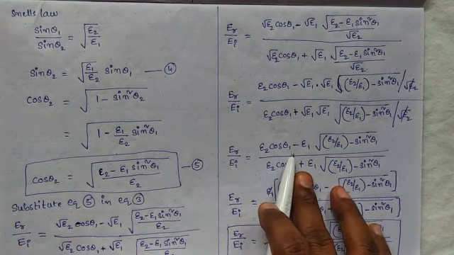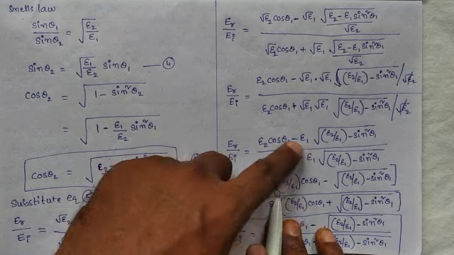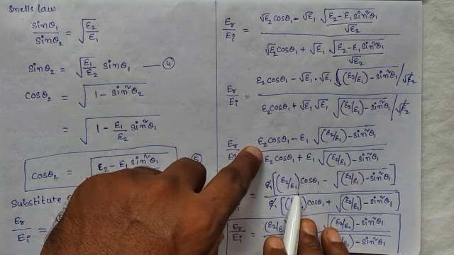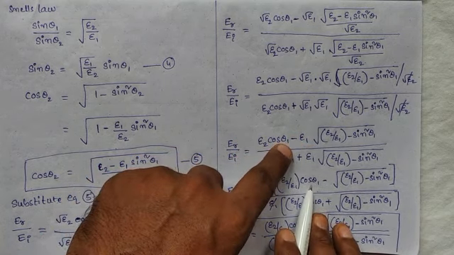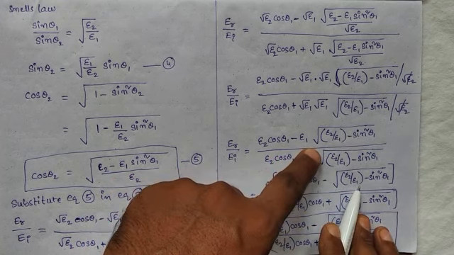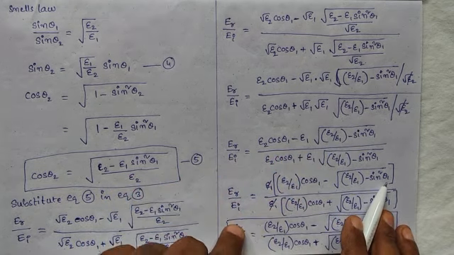Here in the numerator and denominator we are taking epsilon 1 common. Here epsilon 1 is common in the numerator, meaning this term is divided by epsilon 1: epsilon 2 by epsilon 1 into cos theta 1 minus epsilon 1 divided by epsilon 1, which is 1. The remaining term is square root of epsilon 2 by epsilon 1 minus sin square theta 1.